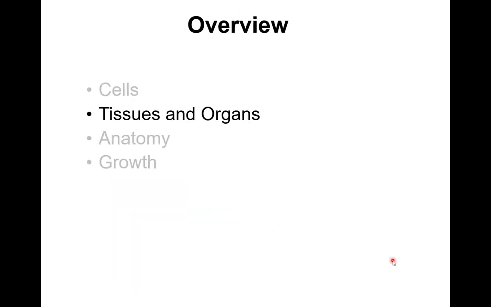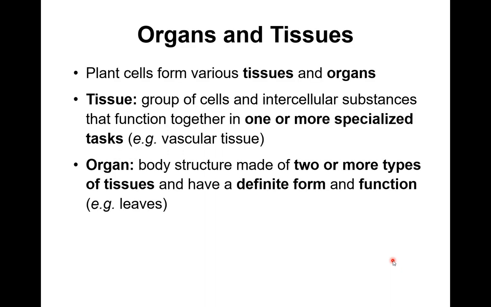Moving on, so we talked about plant cells, the difference between them and animal cells, and the type of cell walls that they have. Now let's move on to what cells form. So we'll talk about tissues and organs. First of all, by tissue, what we mean is a group of specific cells and the substances that are found between them that are unified ultimately by the same specific function.